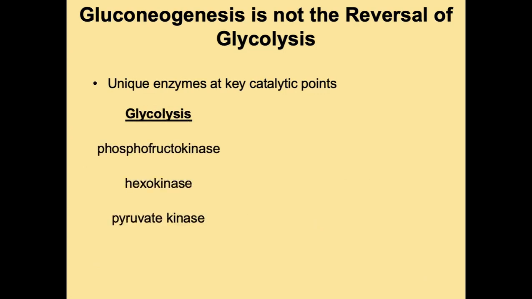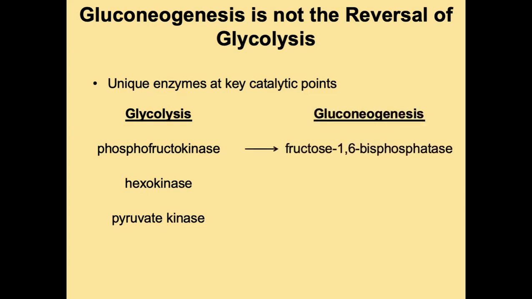So if you remember from the glycolysis lectures, we had some key catalytic points, and these were phosphofructokinase, hexokinase and pyruvate kinase. And these are distinct enzymes which are not involved in gluconeogenesis. So what we have in gluconeogenesis, we have counterparts which are distinct gene products, and these will catalyze the reverse reaction.